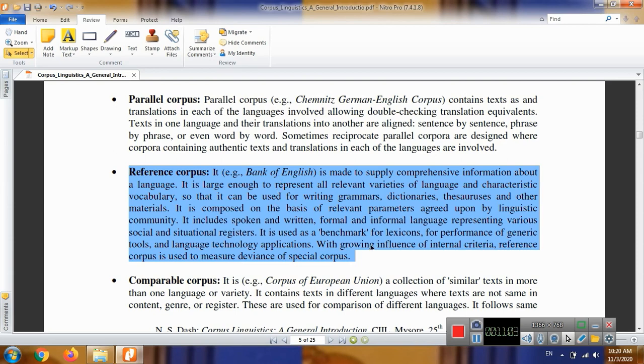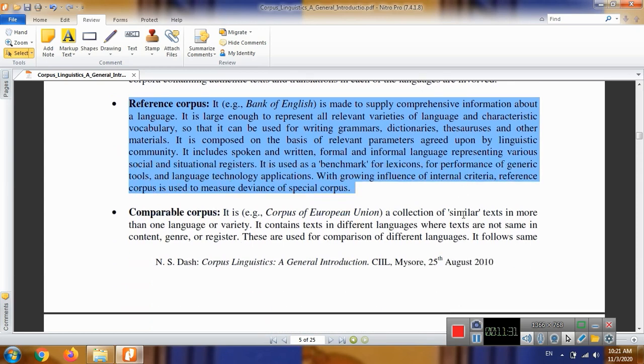It is composed on the basis of relevant parameters agreed upon by a linguistic community. It includes spoken and written, formal and informal language representing various social and situational registers. It is used as a benchmark for lexicon, for performance of generic tools, and language technology applications. With growing influence of internal criteria, reference corpus is used to measure the variance of special corpus.